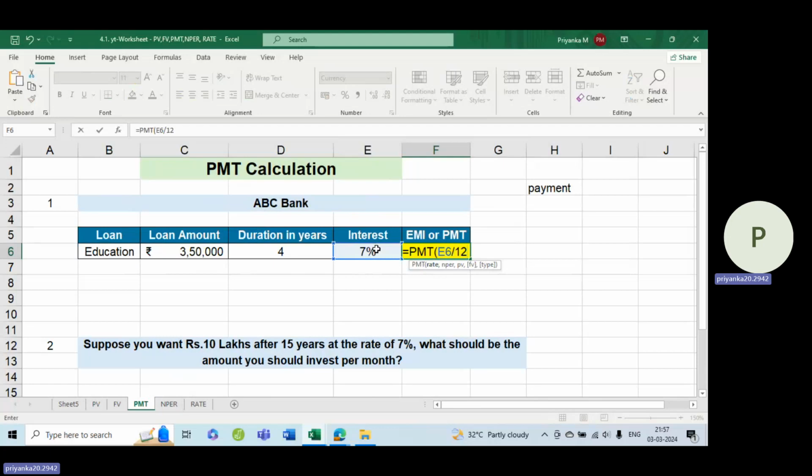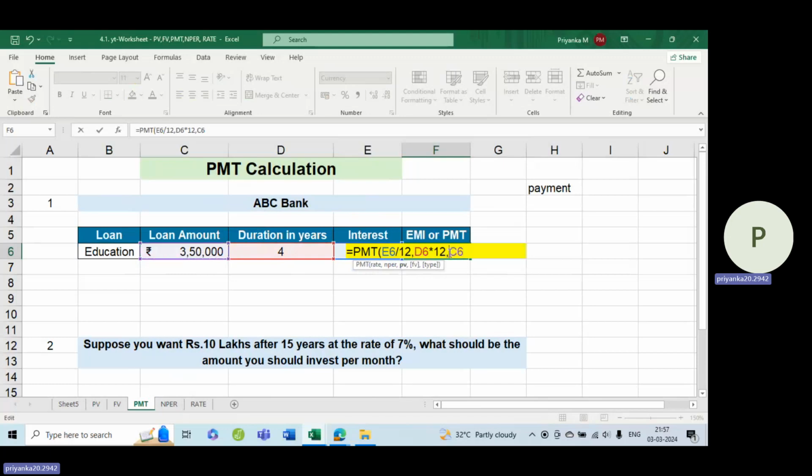So monthly he is going to pay it, so divided by 12, comma. Now NPER, number of periods, D6 into 12. So, comma, then my present value, the loan value, currently 3,50,000.